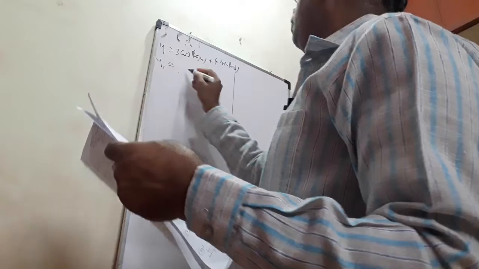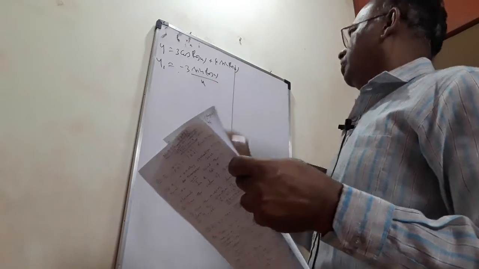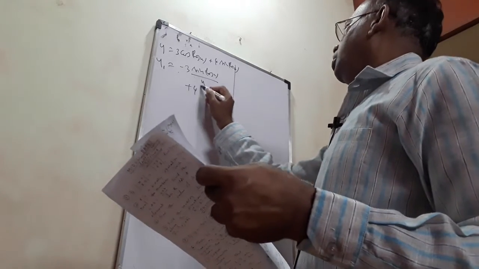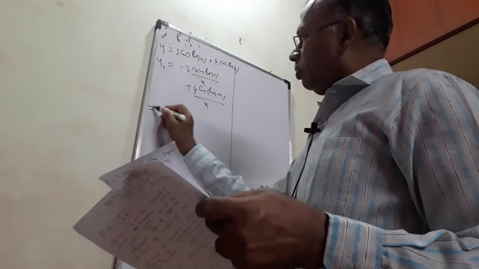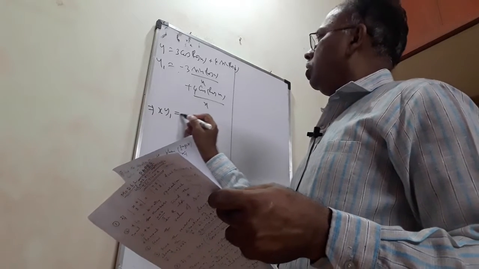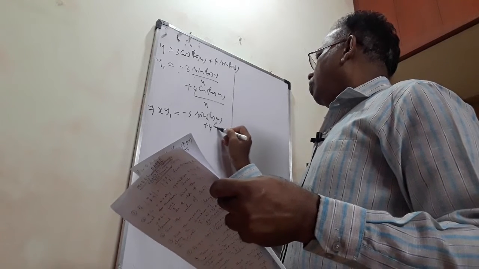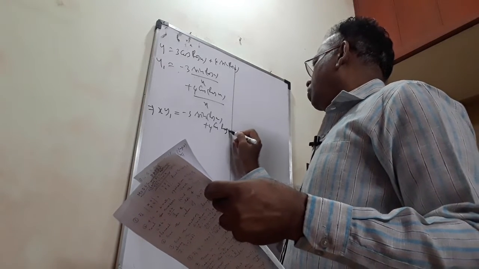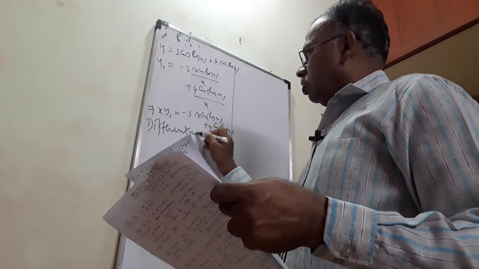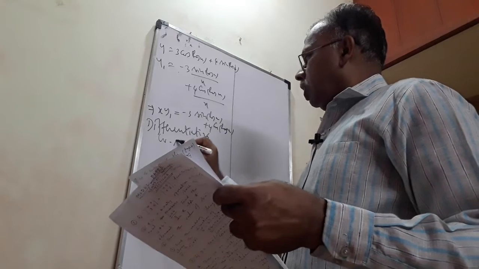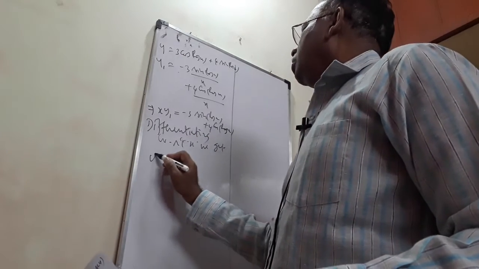My y1 will be minus 3 sin log x divided by x, application of chain rule, plus 4 cos log x divided by x. Let me cross multiply. X y1 is equal to minus 3 sin log x plus 4 cos log x. Now differentiating with respect to x, what do I get?